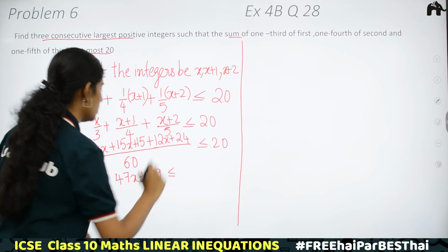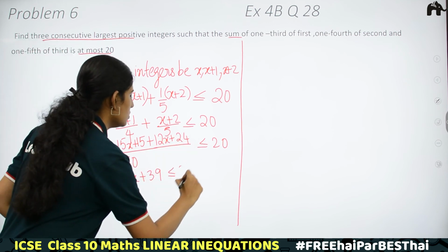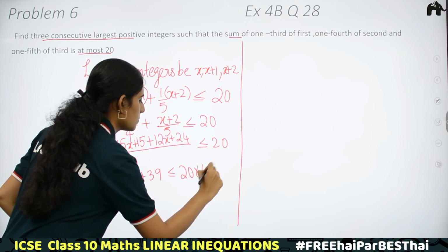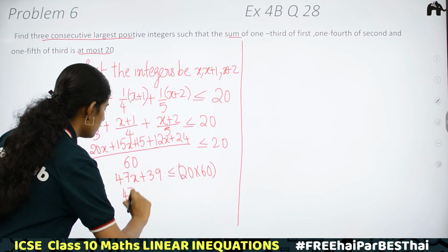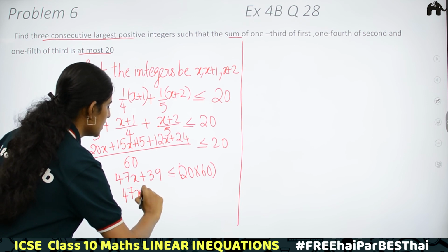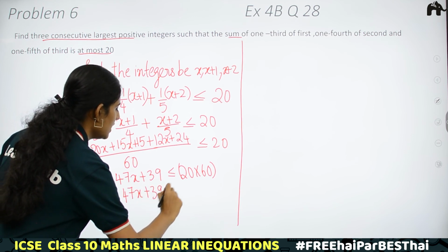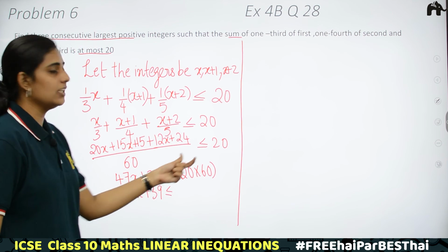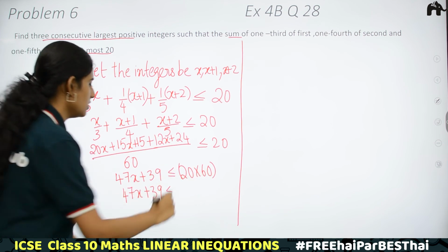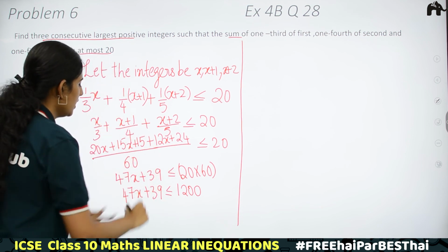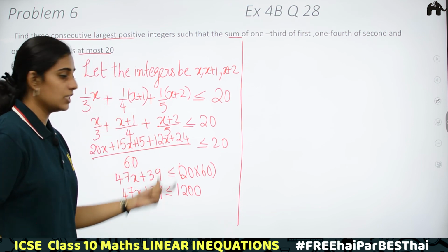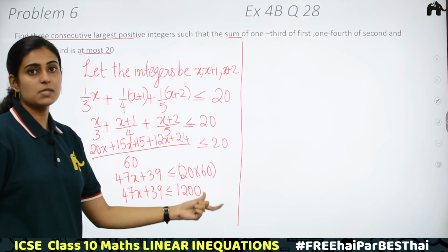Less than or equal to 20 into 60. That is 47x plus 39 less than or equal to, what is 20 into 60? 1200. Correct. 1200.